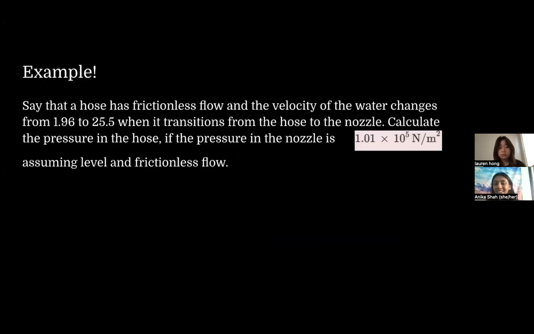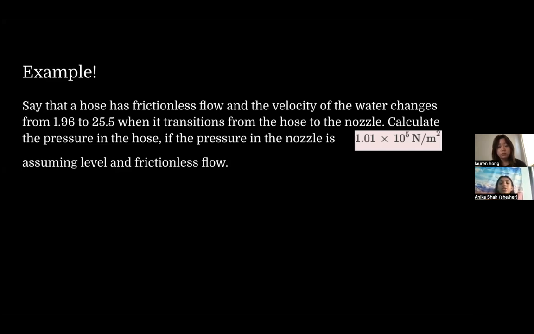Okay, so now we're going to get into an example and we're going to chop some onions. Say that a hose has frictionless flow. So again, the surface has no friction, and the velocity of the water changes from 1.96 to 25.5 meters per second when it transitions from the hose to the nozzle.